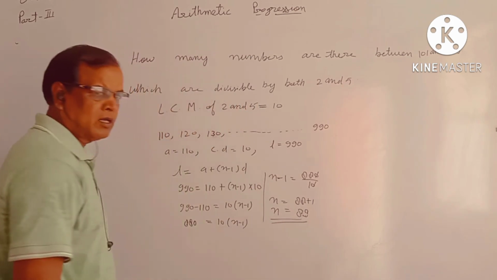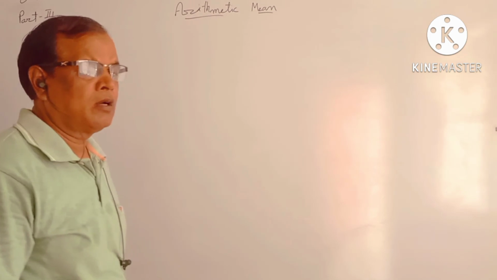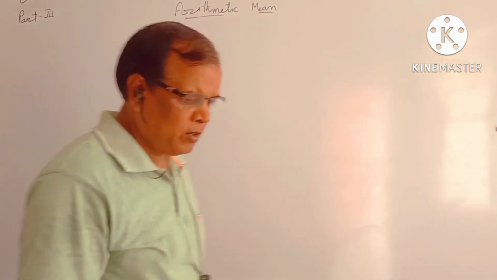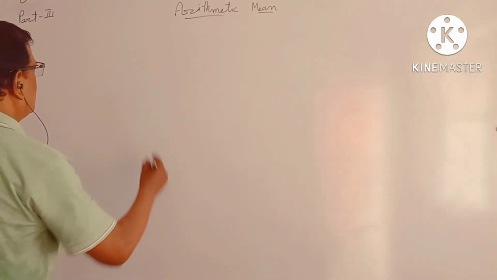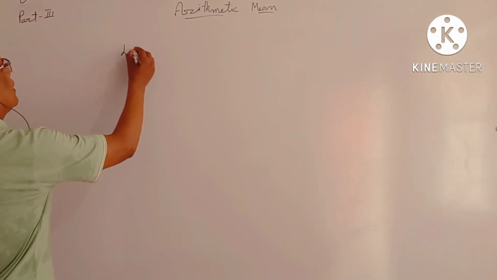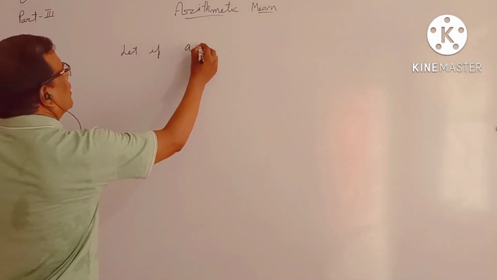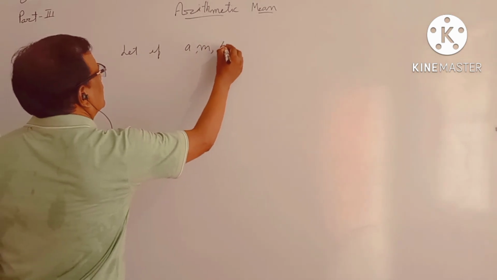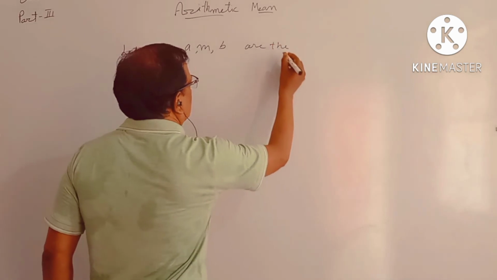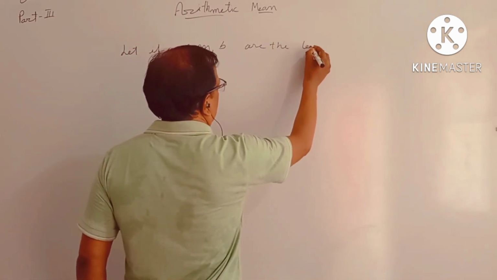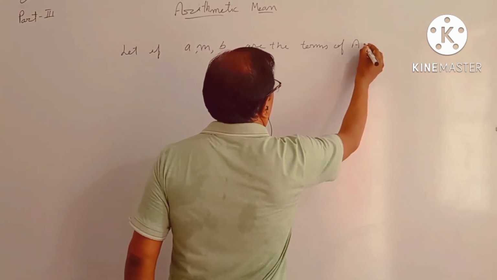Now we are going to the next question. Now we are going to explain arithmetic mean. As we know, mean means average or middle term here. Let A, M, and B be terms of an AP.